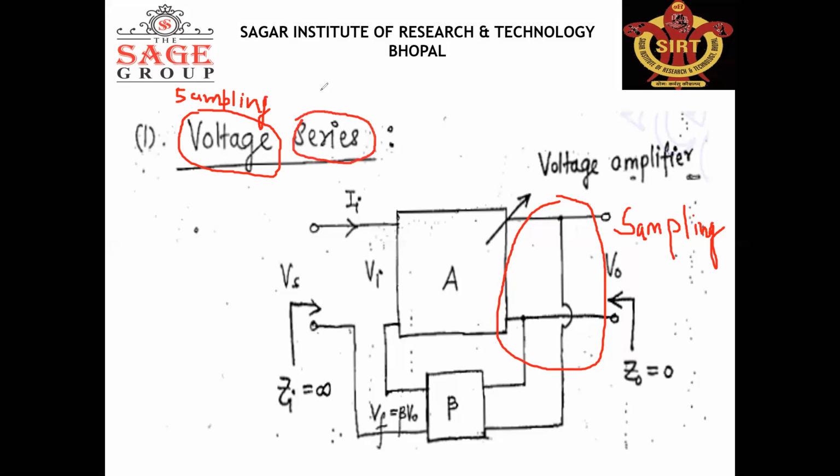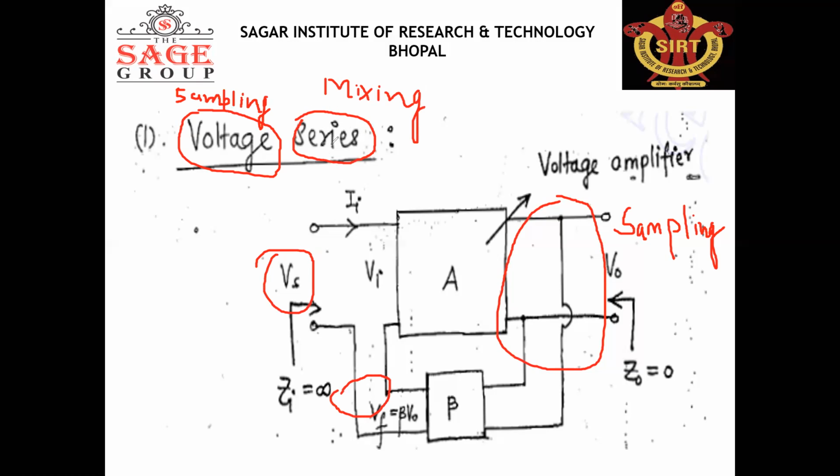Now this is the second term. The second term shows the mixing. Mixing of what? Mixing of the feedback signal and the input signal. Feedback signal and input signal are mixed here. So here we say the mixing is done in the form of series.